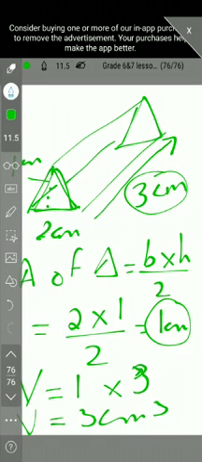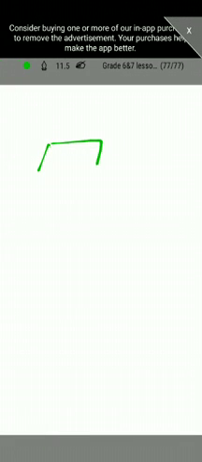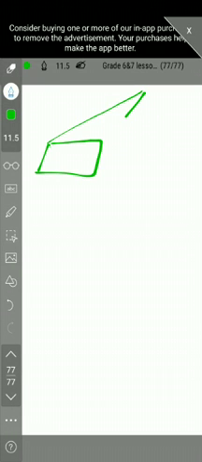Okay, now let's suppose you have a prism which has a parallelogram as its base. Let me draw it again.